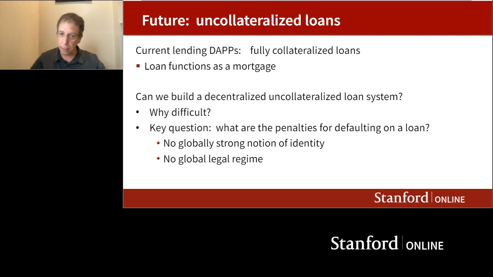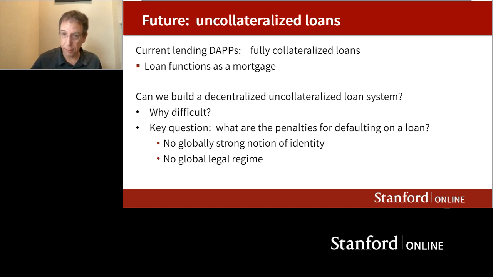So in some countries, maybe this is doable, maybe in developing economies, I should say, where identities and a legal regime are well developed, maybe that's where these uncollateralized loan systems will begin. But the goal, of course, is to make this all global, so anyone in the world can apply for an uncollateralized loan.